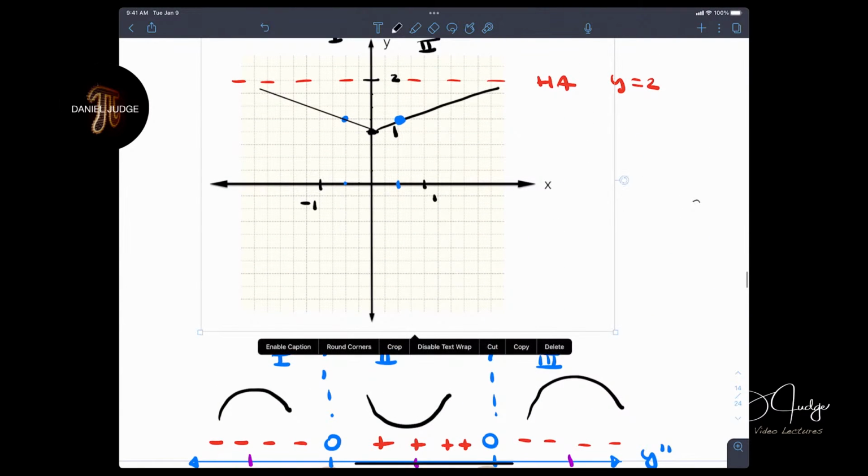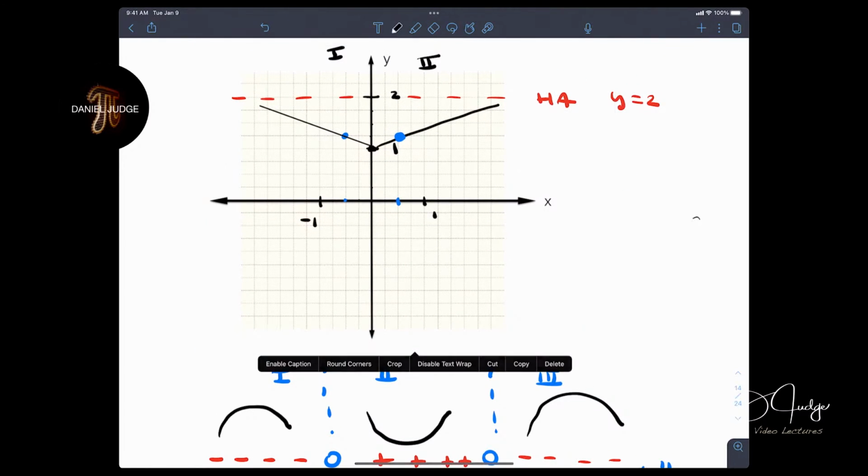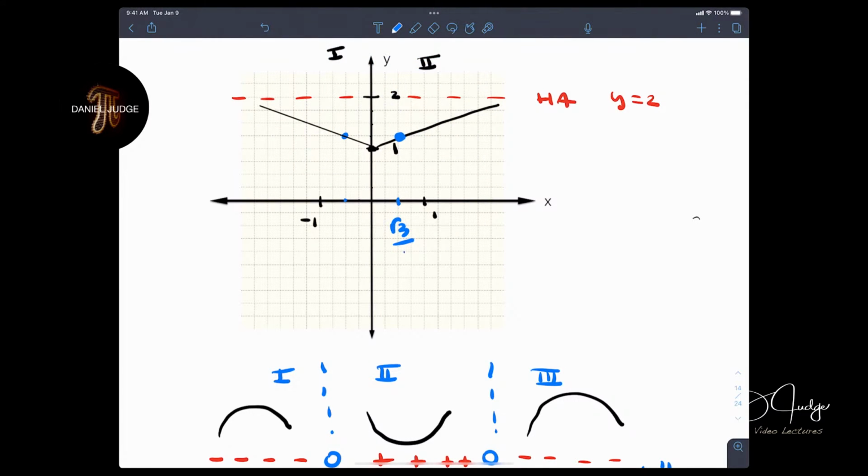This is the halfway mark is what I just did. That's square root of 3 over 3. This is minus square root of 3 over 3 here, approximately. It's a little bit further away, but.